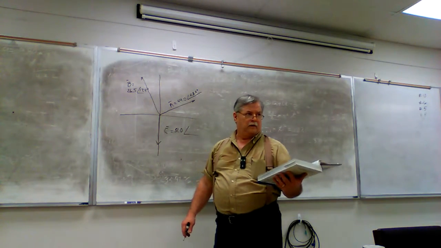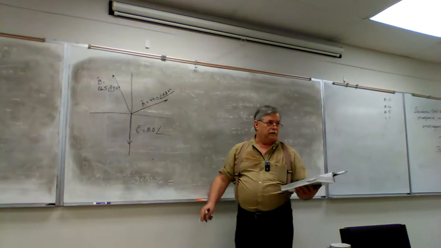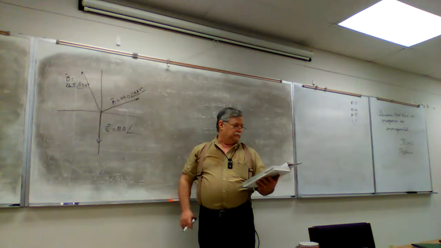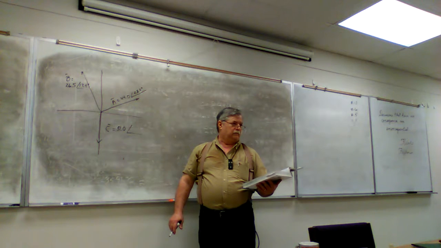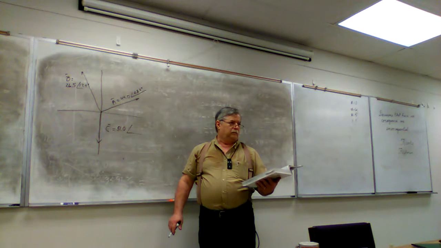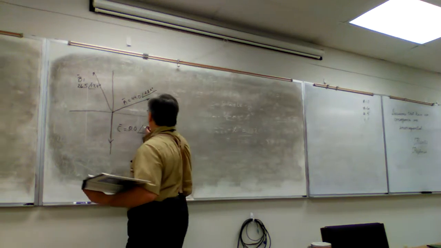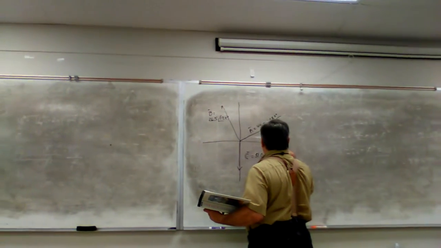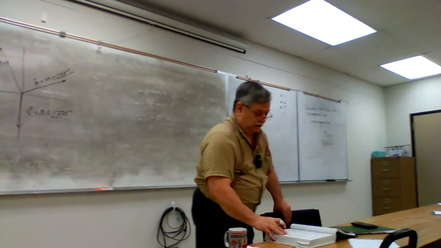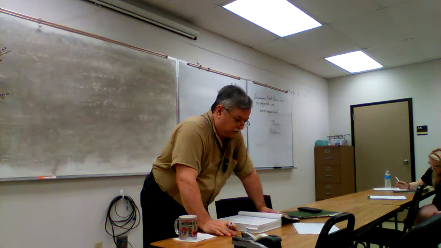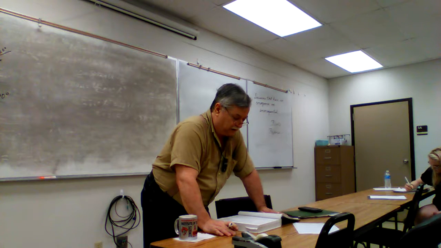Francisco, what angle is C at? 270. Very good. Okay, those are our 3 vectors. A, the sum of the 3 vectors. Give the resultant in terms of A, components, and B, magnitude and angle with the x-axis.